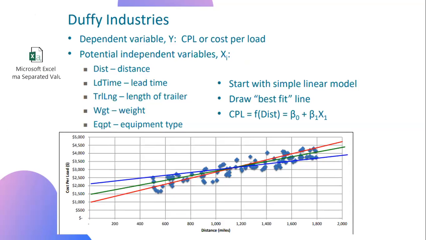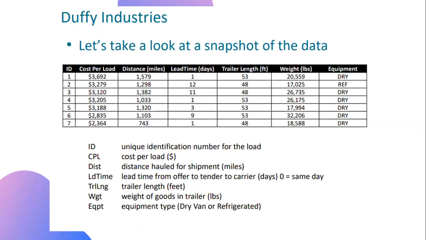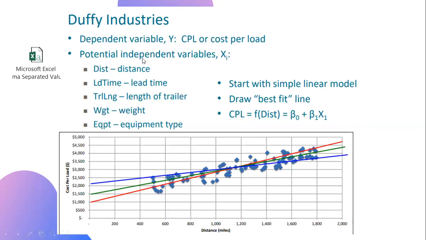If we take a snapshot of what's going on in the Duffy Industries example, there is a cost per load, that is the Y variable, and it is dependent on a number of different variables: the distance, the lead time, trailer length, the weight, equipment, a lot of different variables.